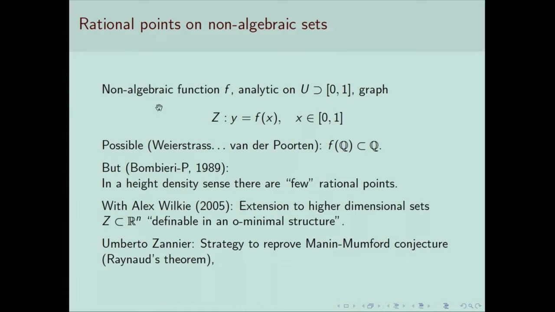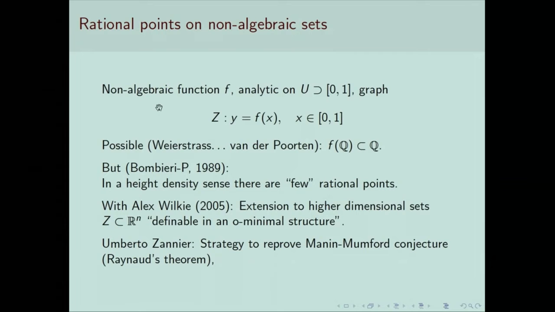And constructions going back to Weierstrass, even for entire functions f, show that you can have such functions that take rational value at every rational point. And you can elaborate this in very many ways. I think Van der Poorten had a result that the function f and each of its derivatives preserves every algebraic number field. So you can make these constructions.